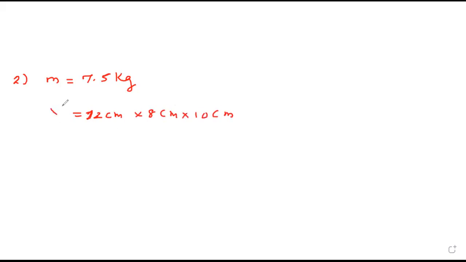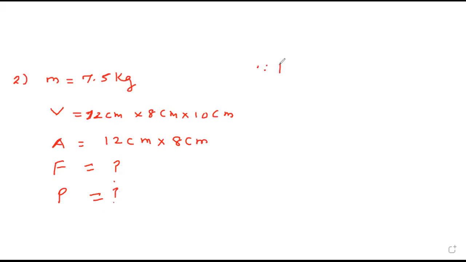This dimension means length, breadth, height. It is kept on the table with base 12 and 8. So the area which is on the table is 12 centimeter by 8 centimeter. Calculate thrust, meaning normal force, and pressure on the table, meaning thrust upon area.